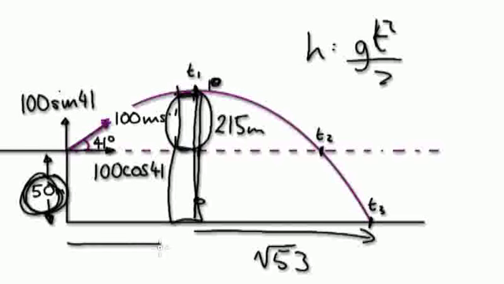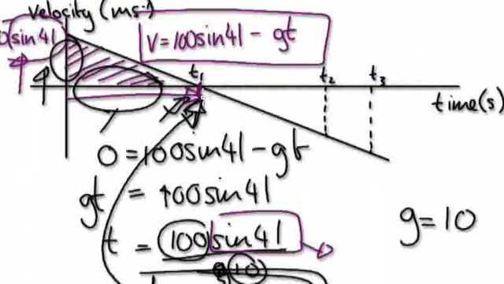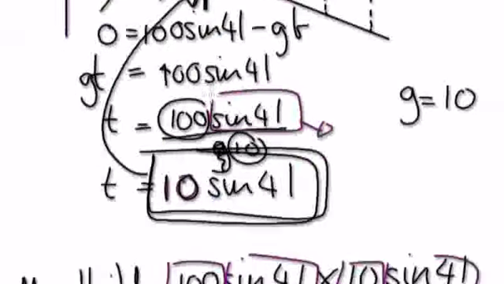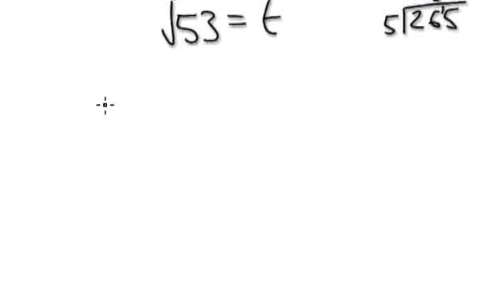But then we've got to add it to this time here, which is given by this bit here, which is 10 sine 41. It's getting messy, but bear with me.